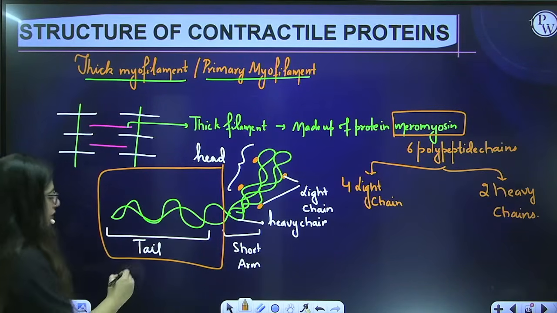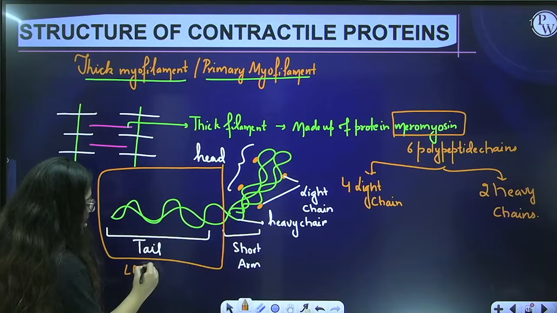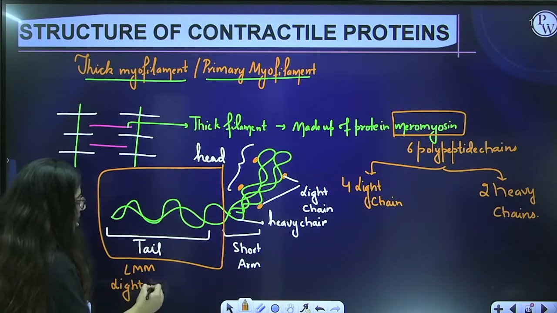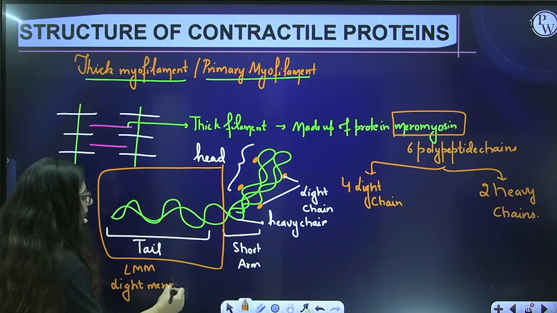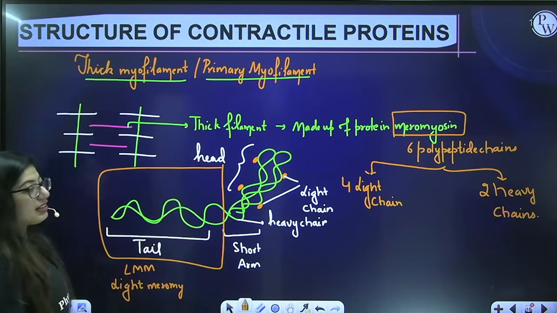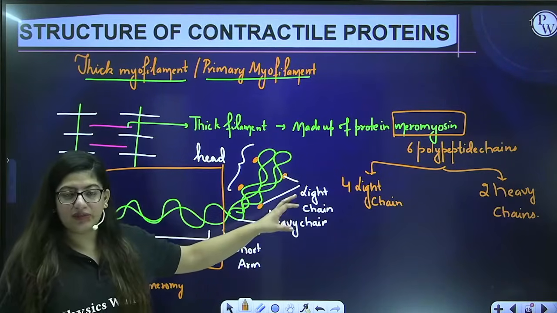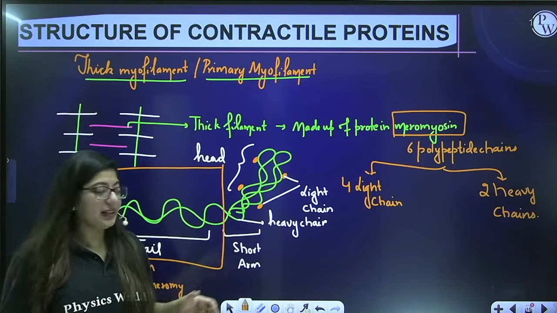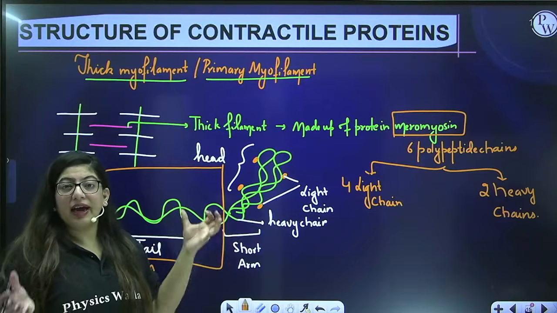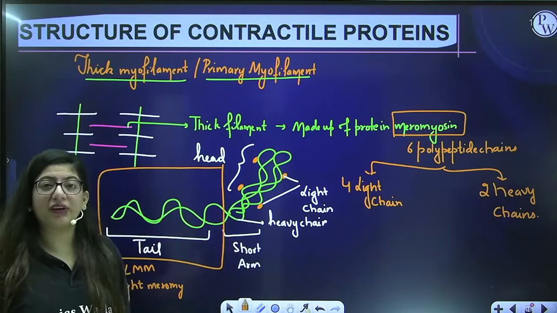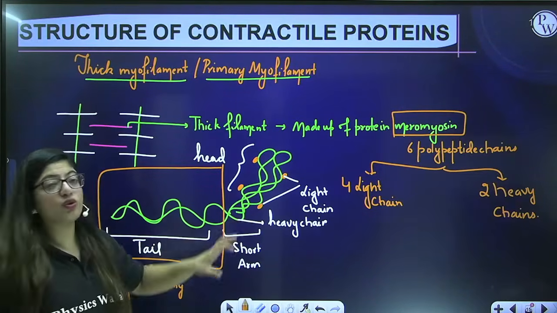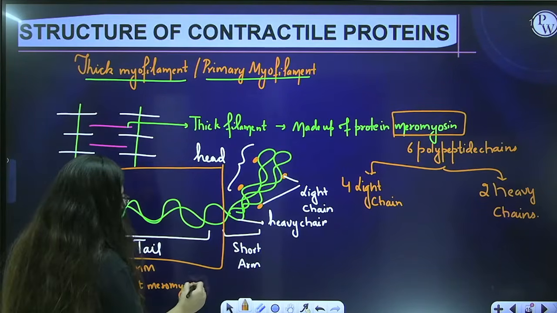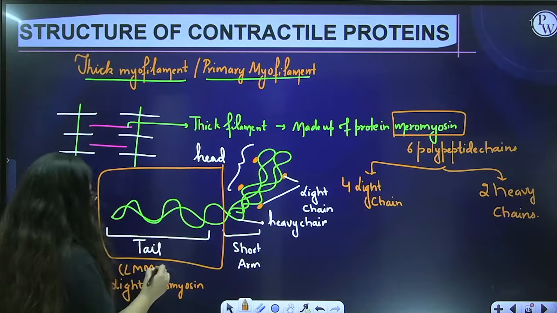This portion is known as light meromyosin, because its molecular weight is comparatively less. Now you must be wondering, ma'am, but this one looks bigger. See guys, it already has 4 light chains and then half of the heavy chain portion, so this portion becomes heavier in molecular weight. That's why it is known as heavy meromyosin. This one is light meromyosin, in short LMM.